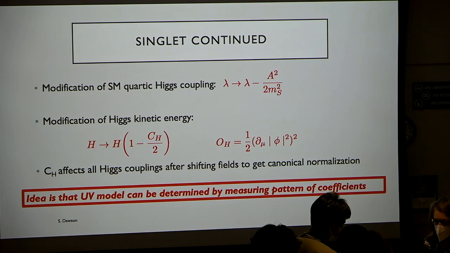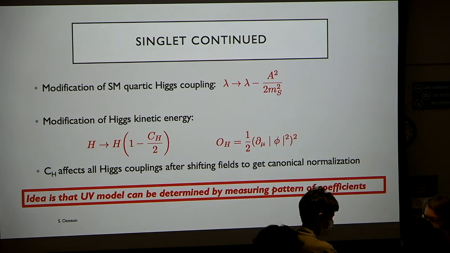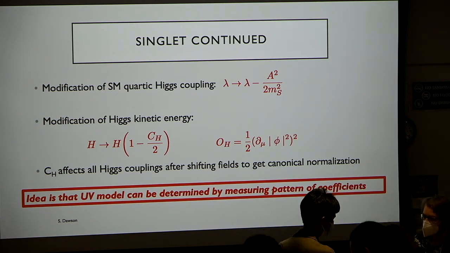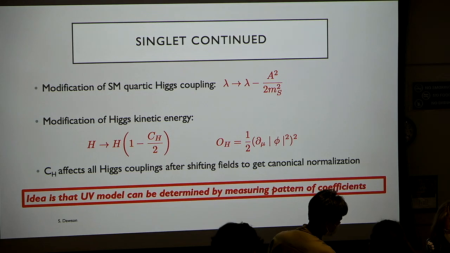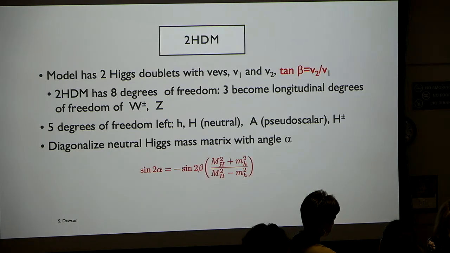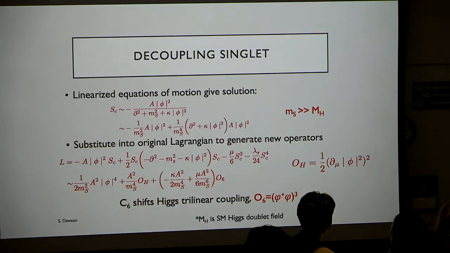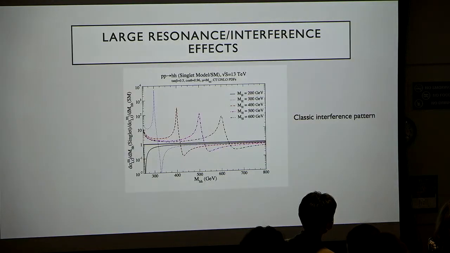Just a correction: in the slides, I think you didn't put the error bar on the top quark mass. Oh, yeah, I didn't. I could have, but I did not.